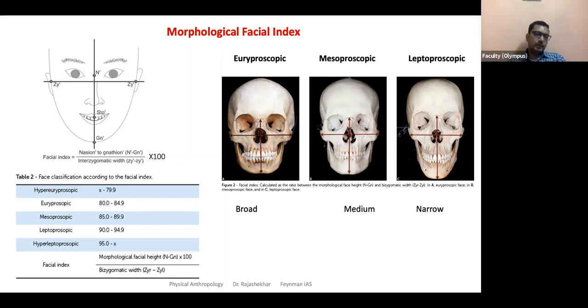And very much like what we learned in the cranial index, hyper euryprosopic and hyper leptoprosopic.